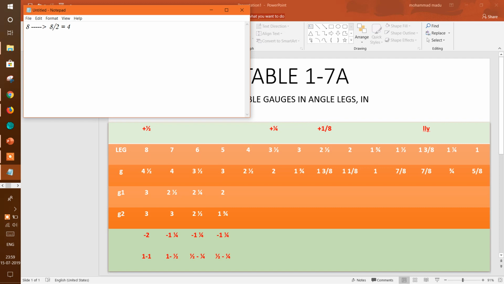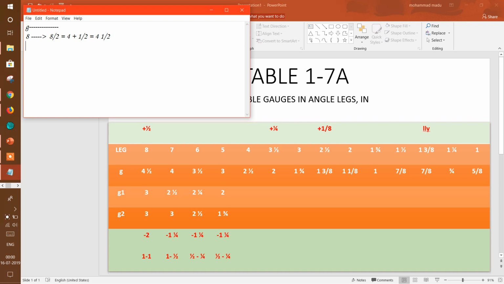For this 4, we're going to add plus 1/2, and that G value is 4 1/2.